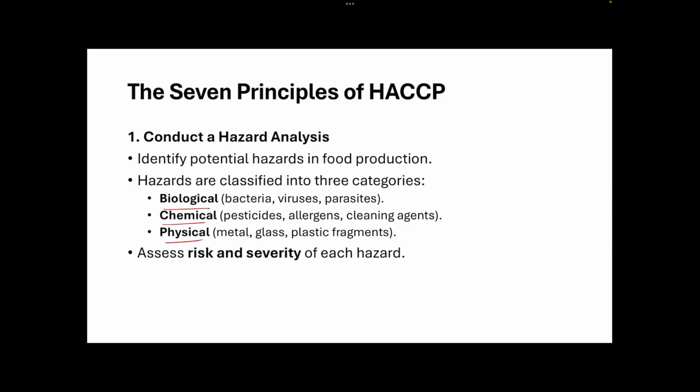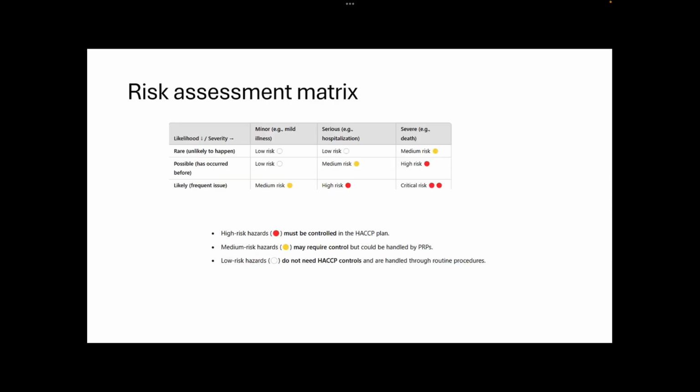That is the first principle. And this is, in fact, probably the most important step of HACCP, that you have to identify the hazards. Okay? Assess their risk and severity. That is part of it.